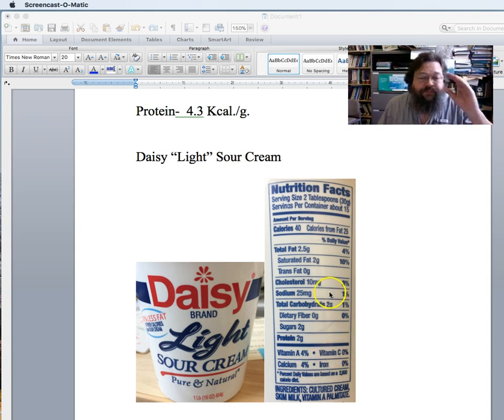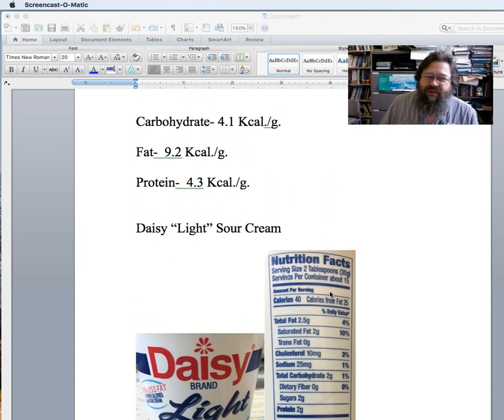Then also, by looking in grams, you end up in many ways underestimating what the contribution of fat would be, whereas if you look in percentage of calories, you get a more realistic idea of the real energy value of that fat compared to the carbohydrate and protein.